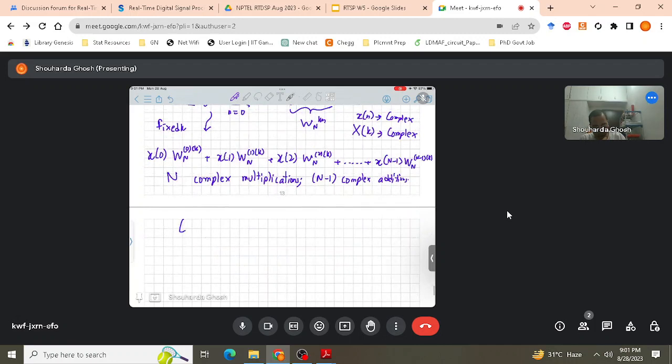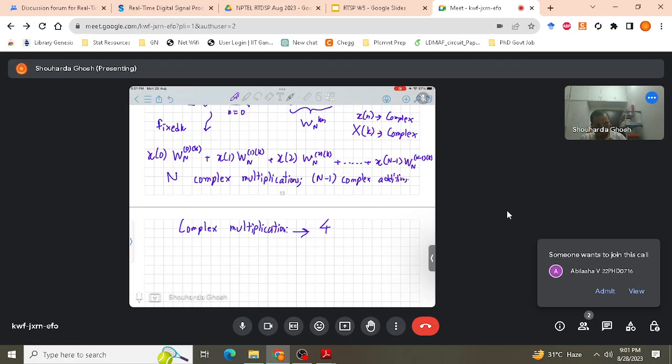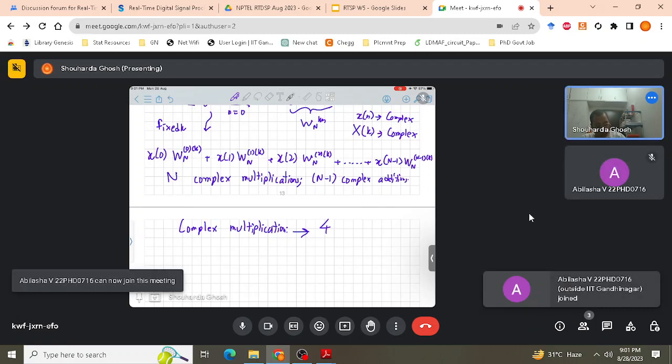Now a complex multiplication is equivalent to 4 real multiplications.